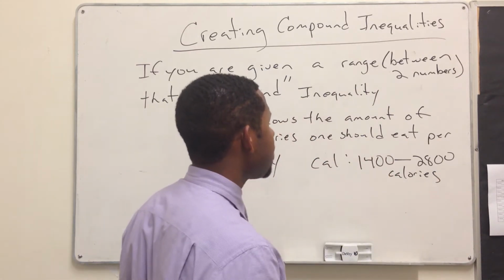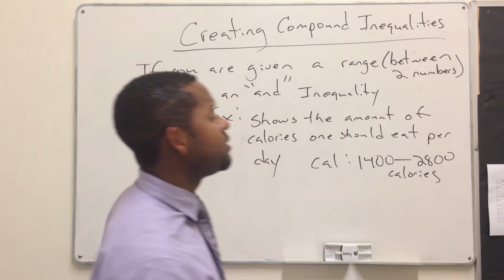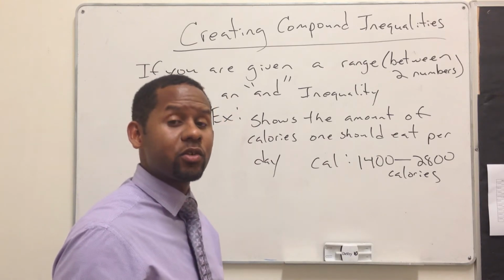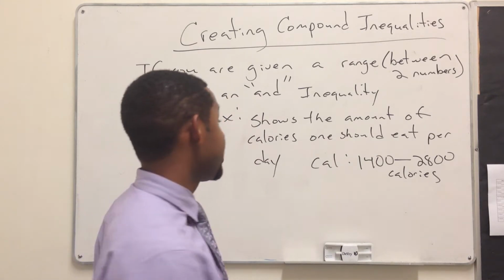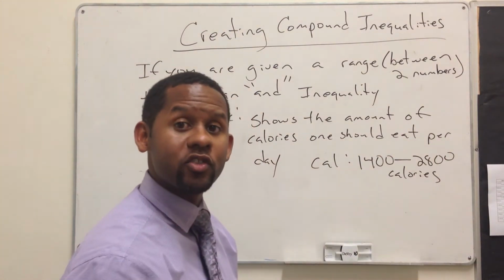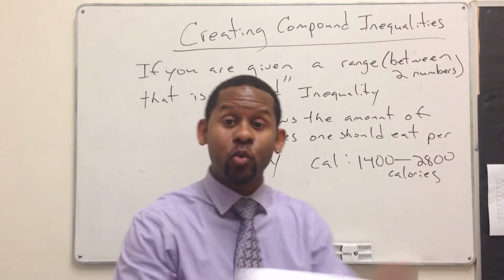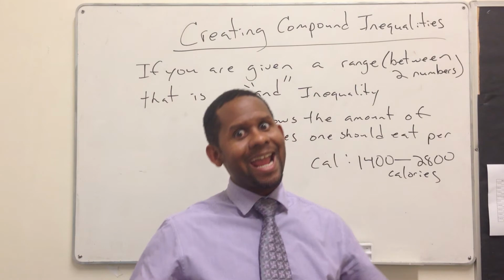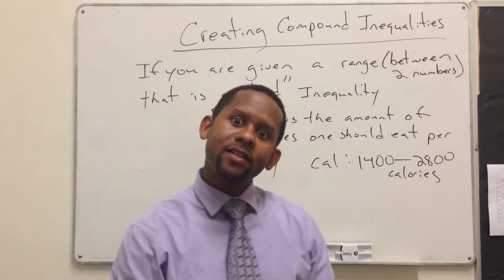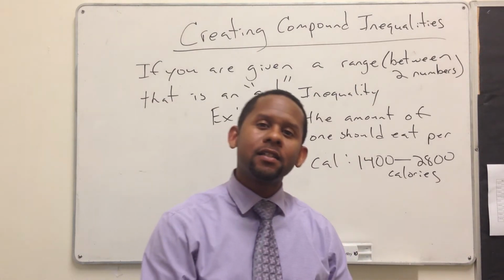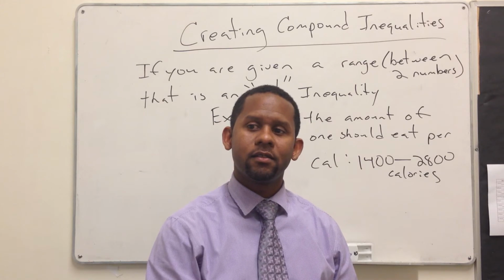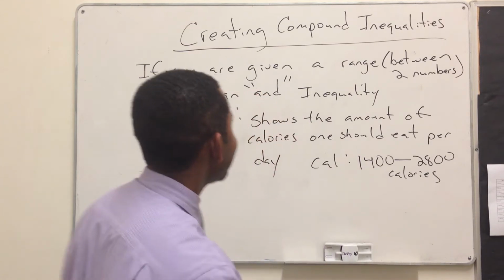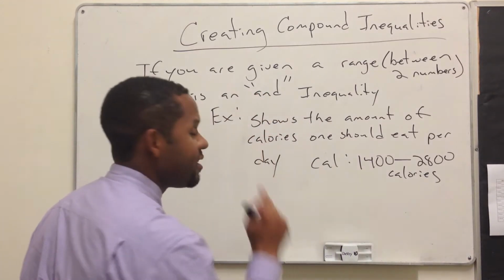So I would say, write me a compound inequality that shows the range of calories a person should eat in a day, between 1,400 and 2,800. As soon as I'm thinking between this and this, I'm thinking and.